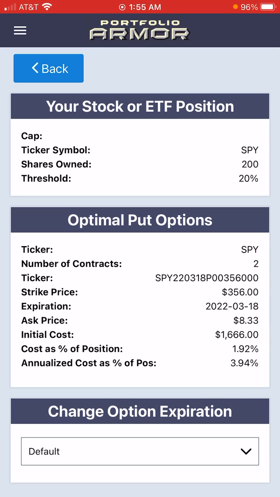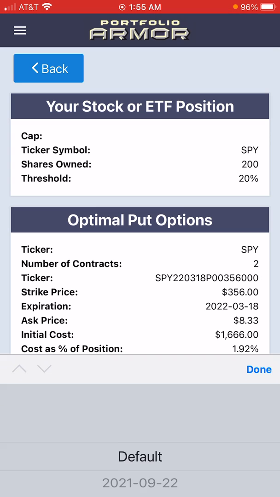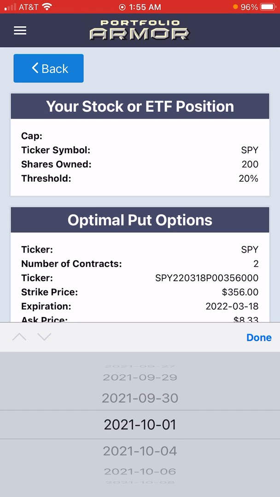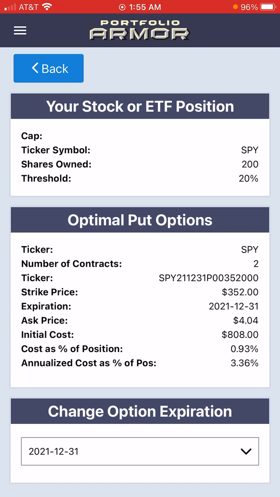And then the other thing we can do, if you want to lower the cost further, is play around with different time frames to expiration. So let's say you're concerned about this Evergrande situation, but you think it's probably going to be resolved by the end of the year. Let's check 12/31, and now we've cut the cost of hedging in half.